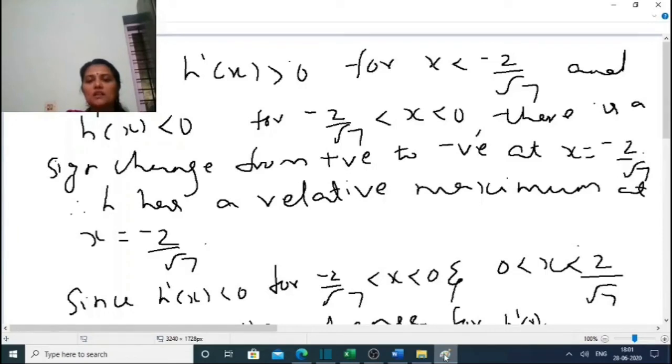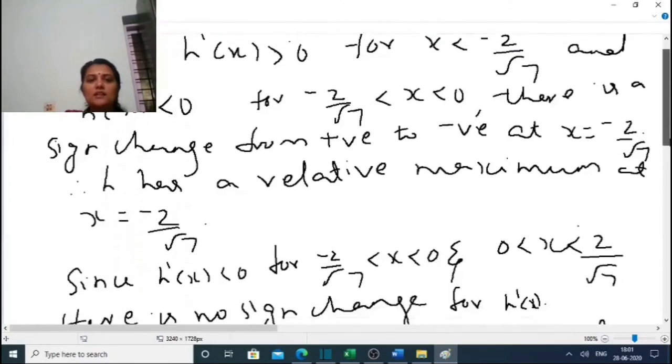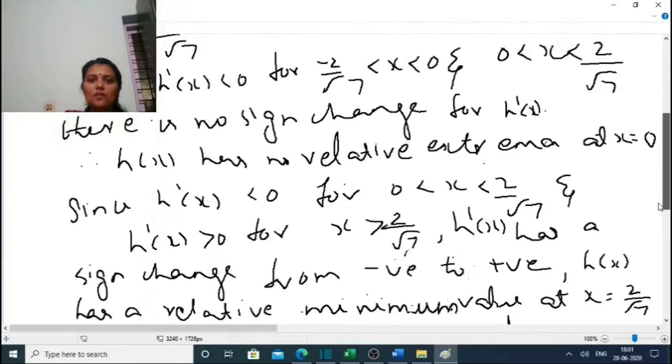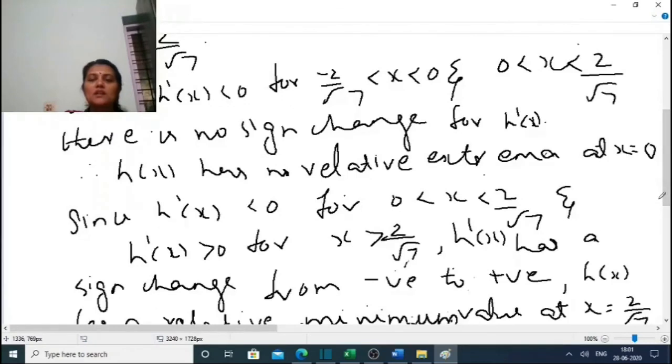Therefore h has a relative maximum at minus 2 by root 7. Similarly, since h dash x less than 0 for minus 2 by root 7 less than x less than 0 and 0 less than x less than 2 by root 7, there is no sign change in h dash x. Therefore h of x has no relative extrema at x equal to 0.